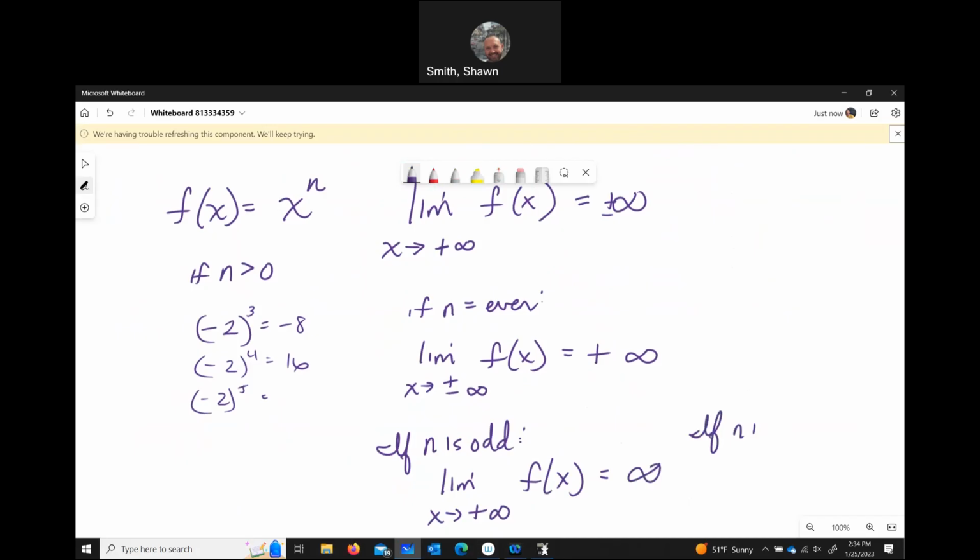But if n is odd, limit as x approaches negative infinity. A negative number raised to an odd power is negative. Yes, sir. So greater than 1, not greater than 0.